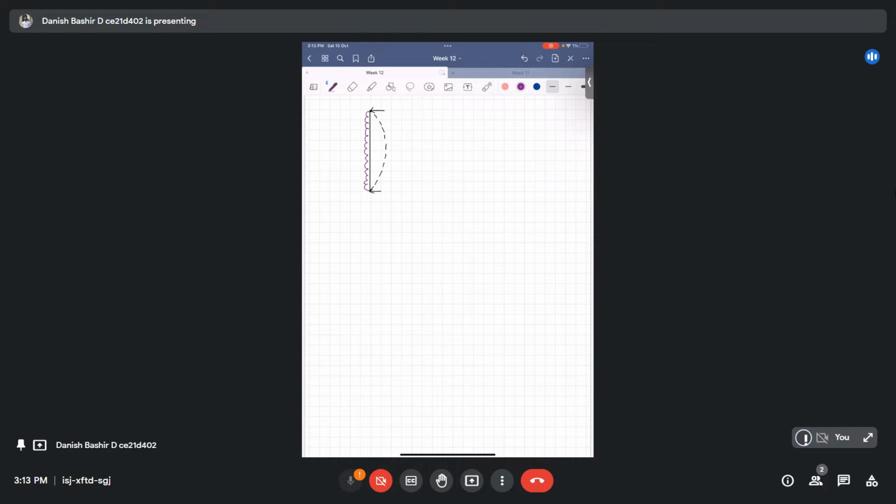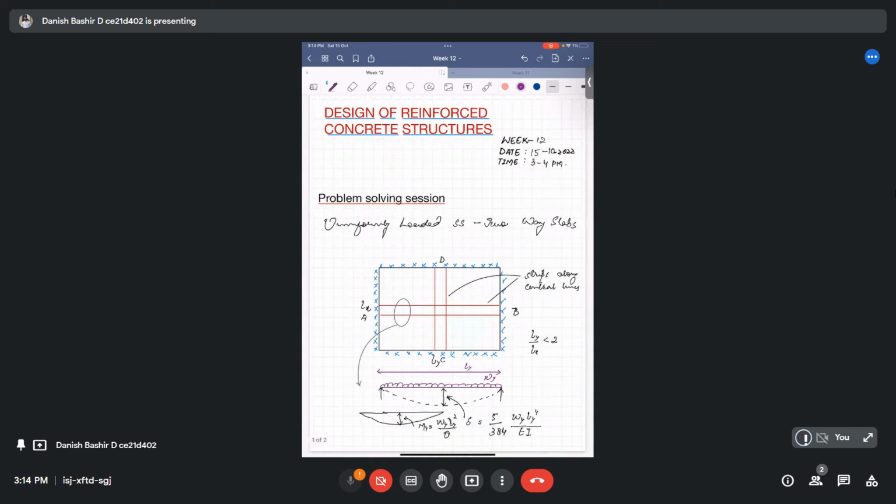So it will be acted upon by Wx, and we will have a bending moment diagram same as that one, with maximum ordinate at the center. Let us denote that maximum moment Mx as Wx Lx square upon 8. These are the reactions which will be coming. It is the DC strip, and the earlier one was the AB strip.